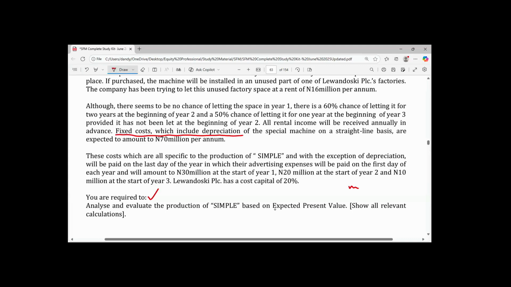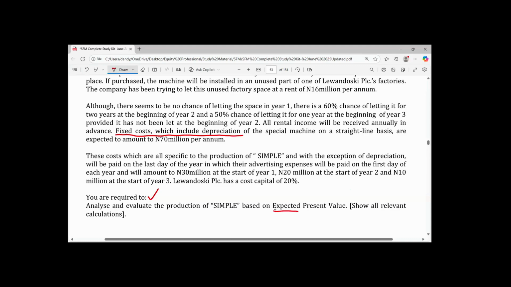Who has consulting? Appreciate. Now, the examiner is asking you to analyze and evaluate the production of Simple based on expected present value. So you want to calculate expected NPV. What are you supposed to do? Because the examiner has mentioned expected present value, it means that you have to calculate expected value before you can calculate NPV.